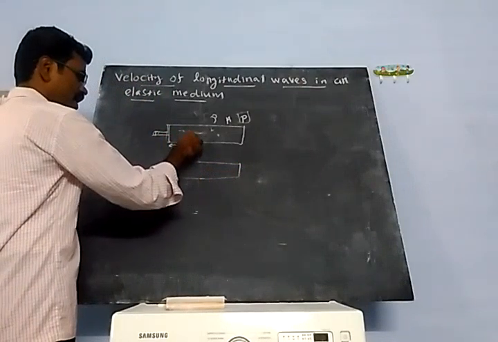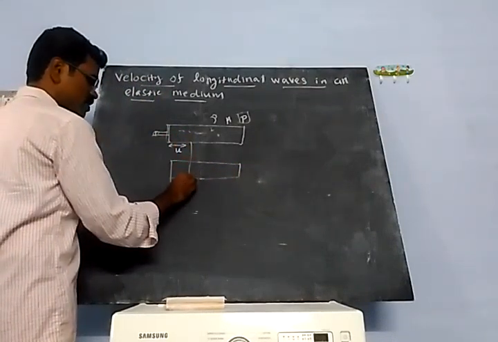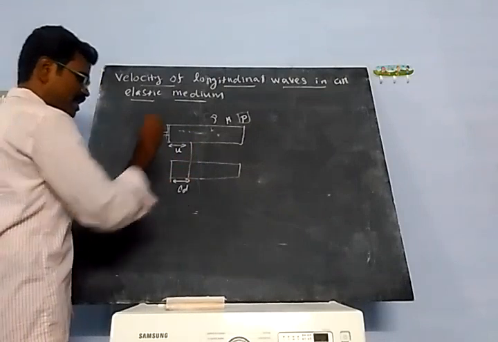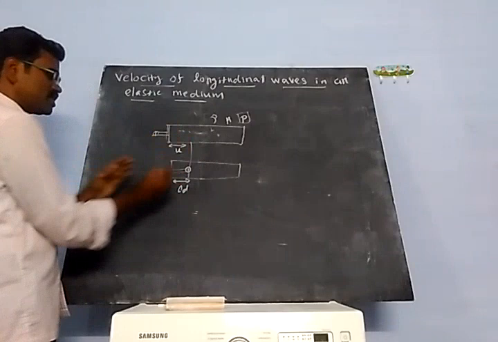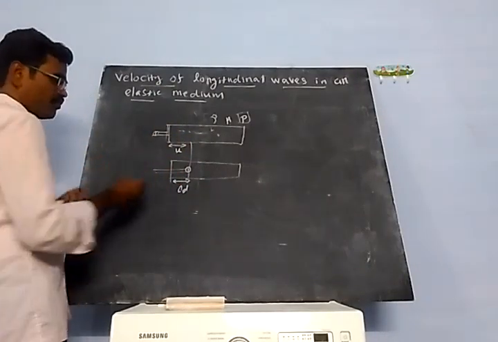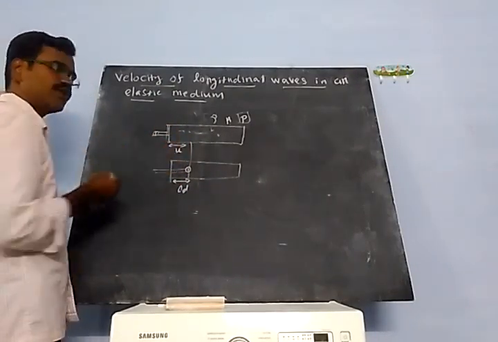The piston moves up to some distance, del D, with a velocity of u.